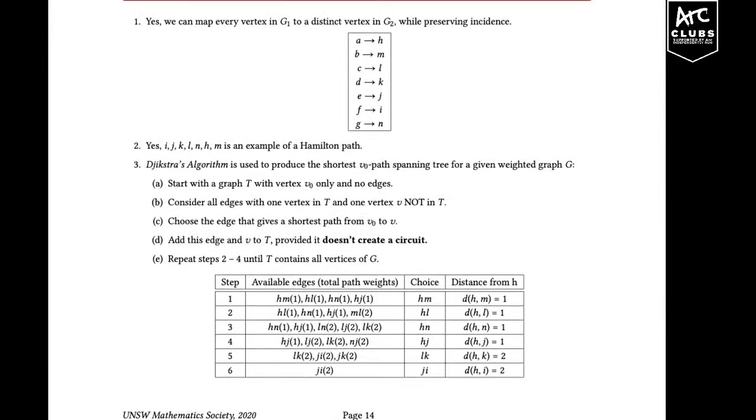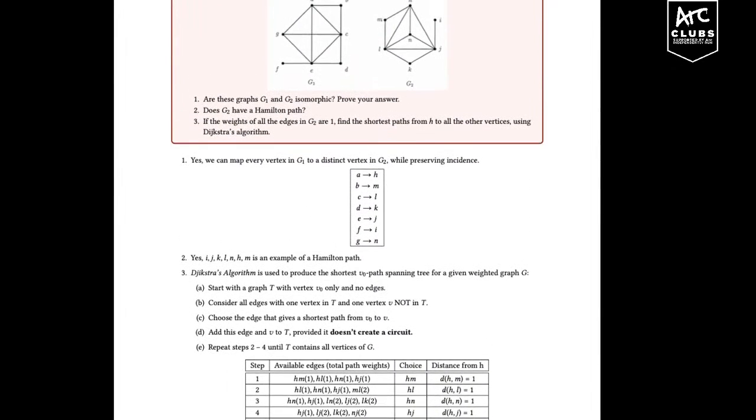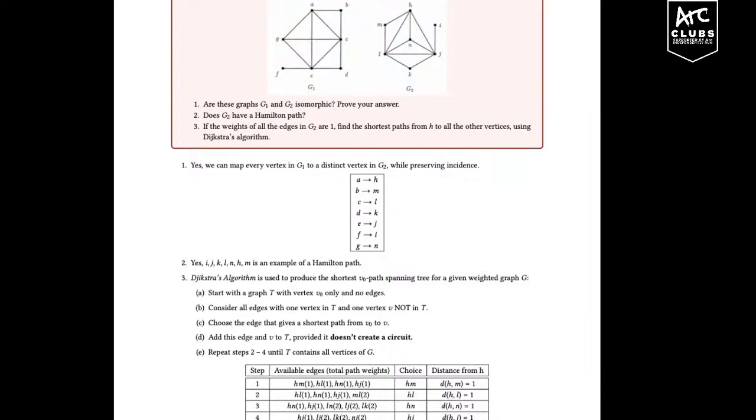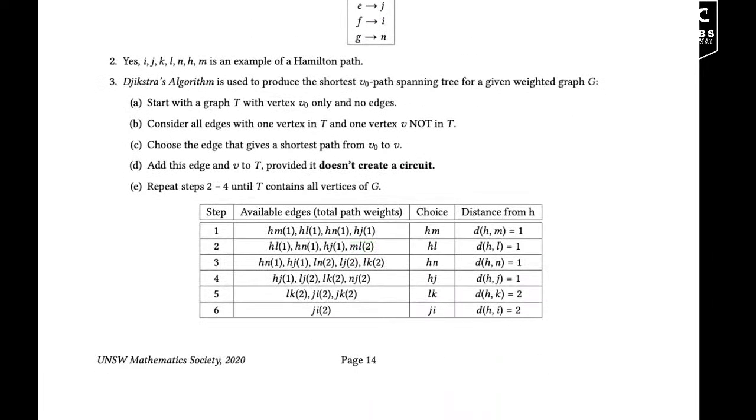Going up to my original graph, I have the option of going to vertex L through the edge ML, because I've already visited vertex M. But I wouldn't choose this option because the path weight 2 is greater than all my other available edges, and what we want to do is create the shortest path spanning tree. So I would choose HL.